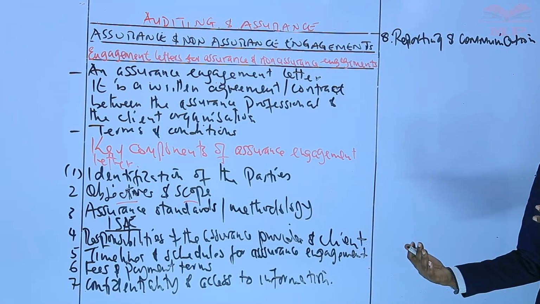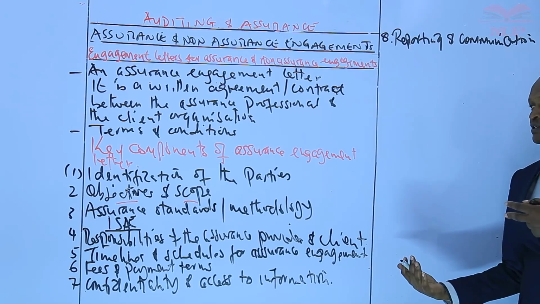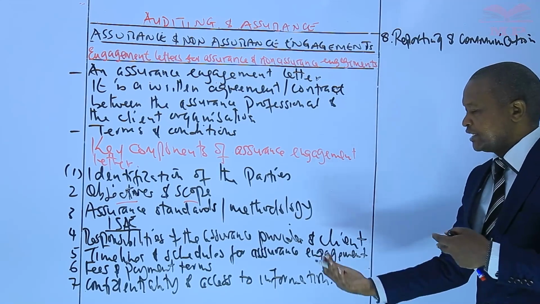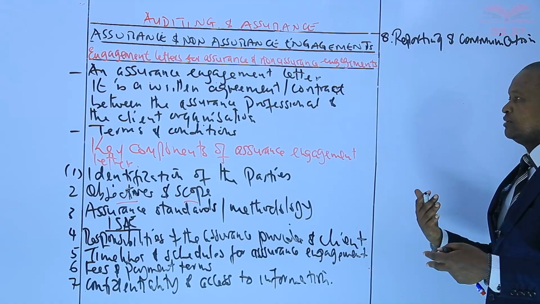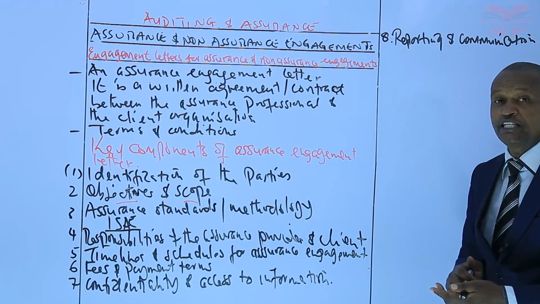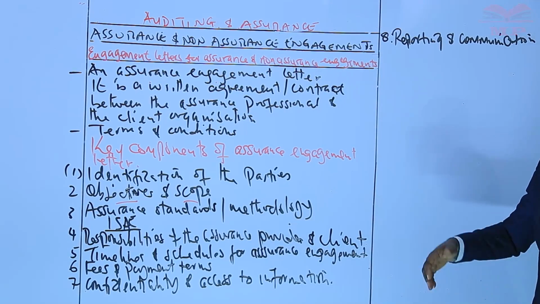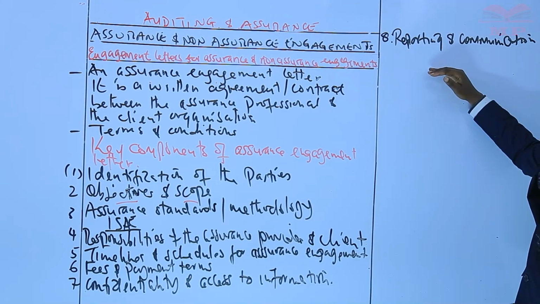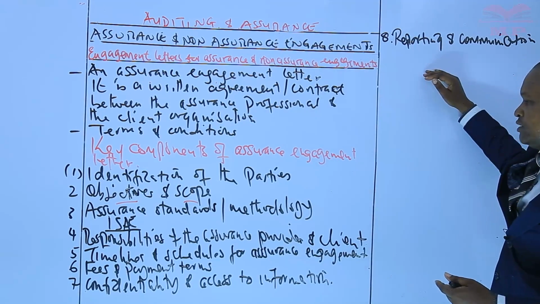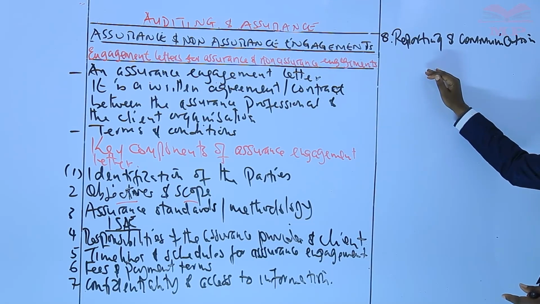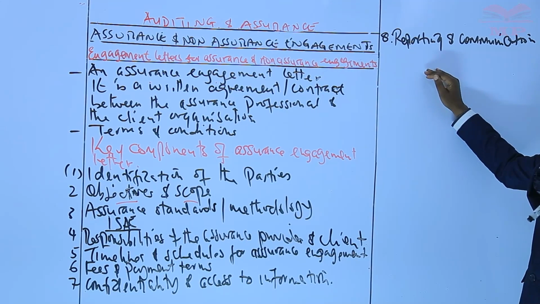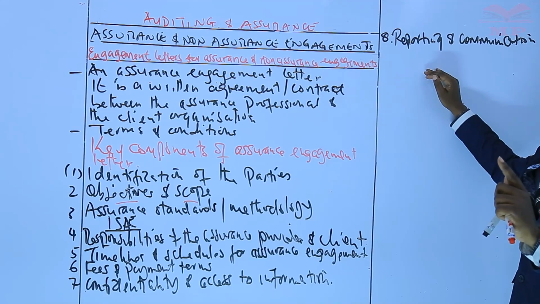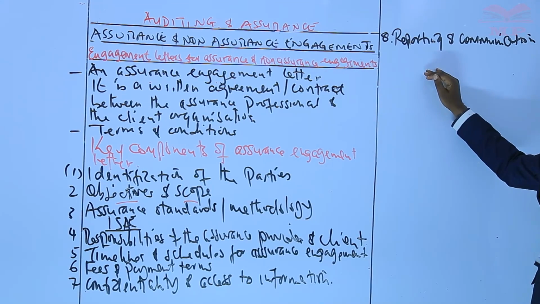Do you understand? Say, at the end of the engagement, there may be need to have a management letter that is written from the professional to the client organization. So there has to be clarity on the format and the content of the assurance report that is expected to be issued to the client upon completion of the engagement.